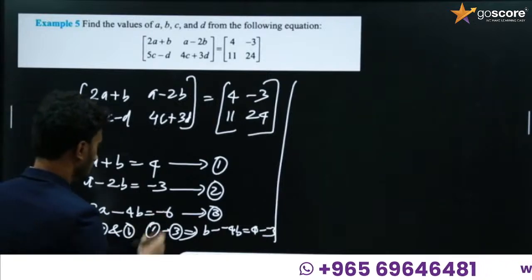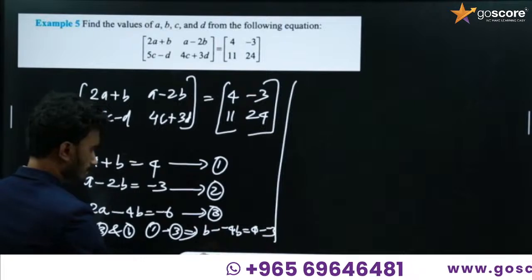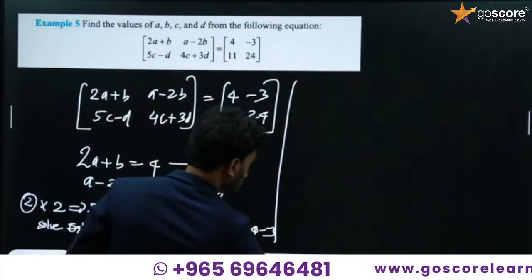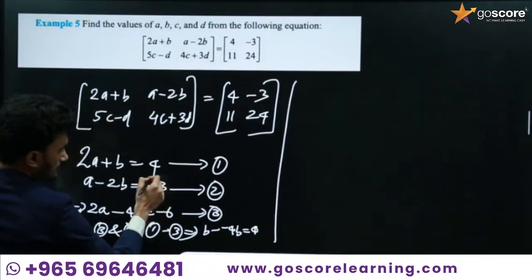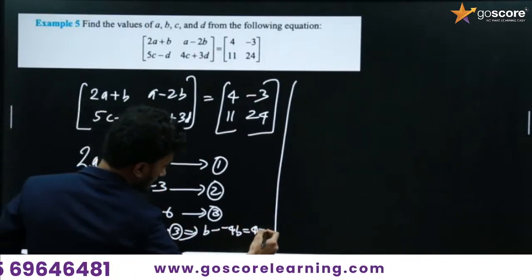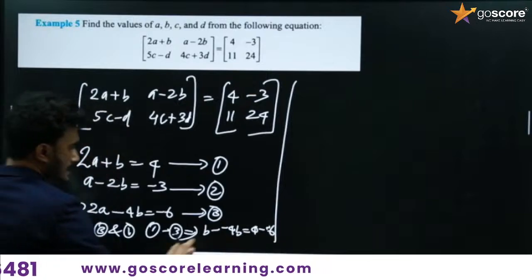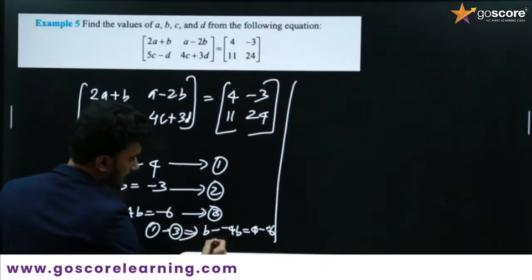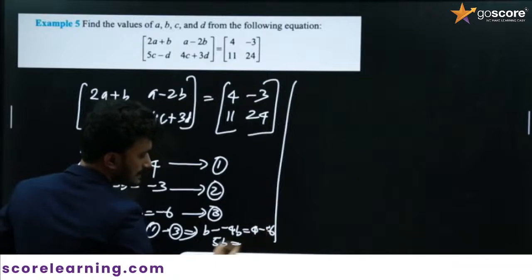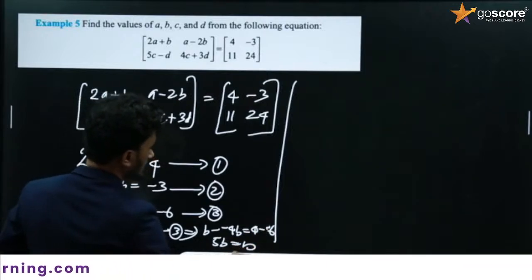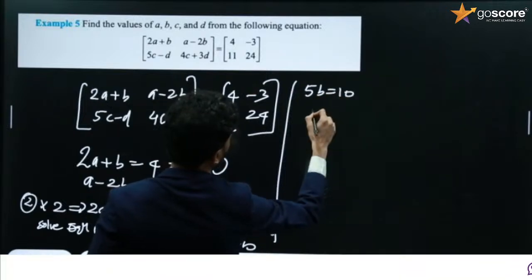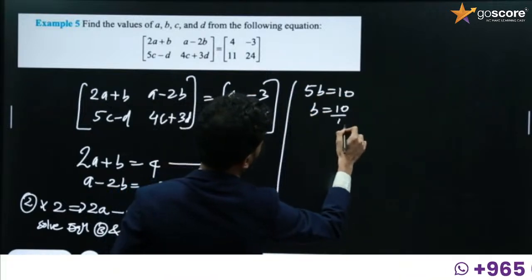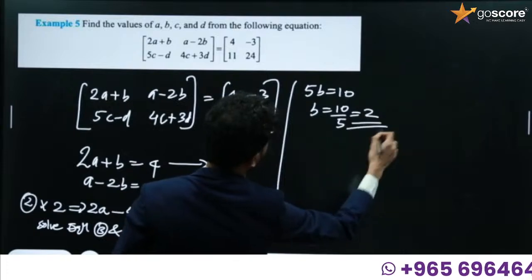This one is minus 6, not minus 3. So 4 minus minus 6 is 10. So 5B is equal to 10. B is equal to 10 divided by 5, which is equal to 2.